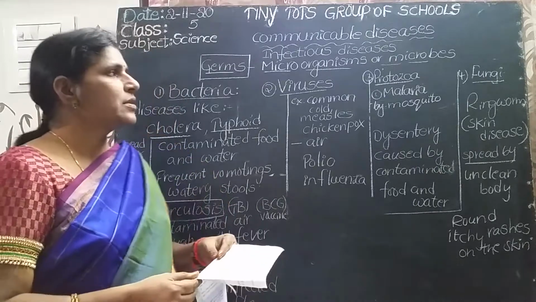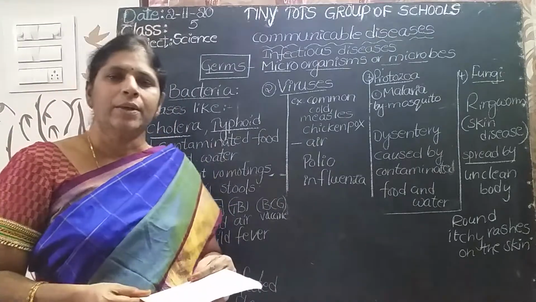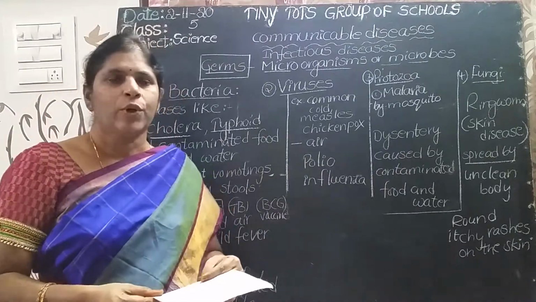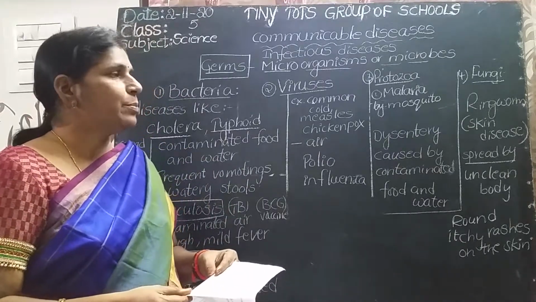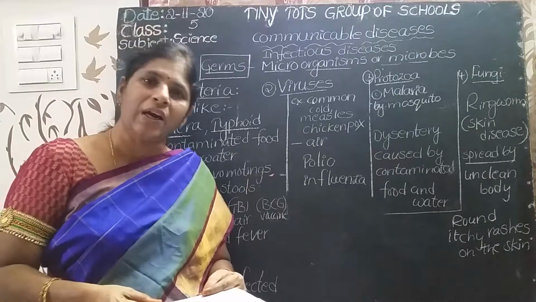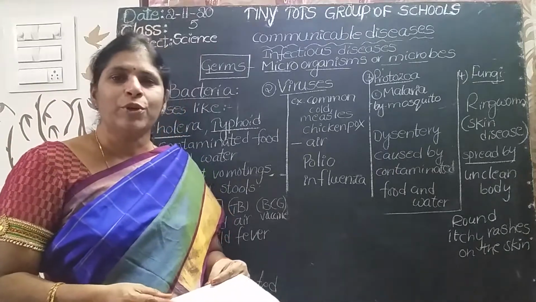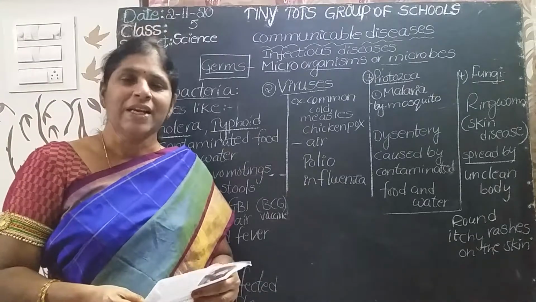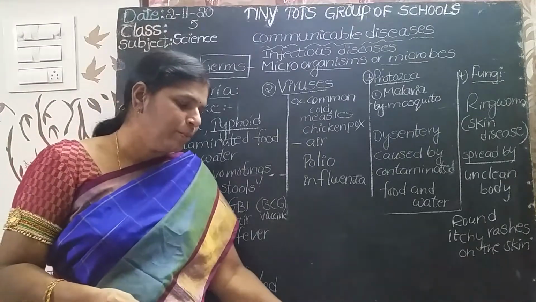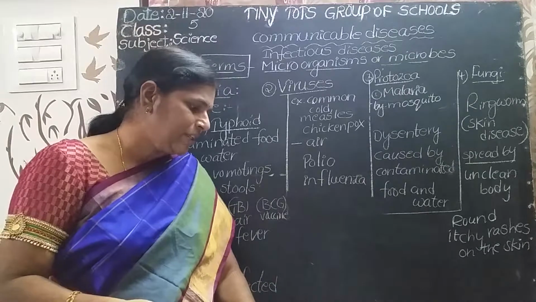These are caused by microorganisms. Diseases that do not spread from one person to another are non-communicable, but communicable diseases spread from a sick person to a healthy person. Such diseases are called communicable diseases. Is it clear?